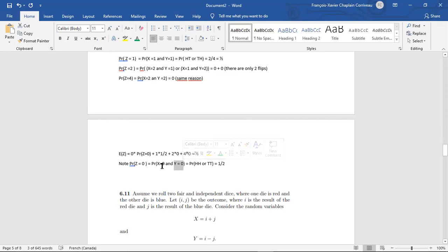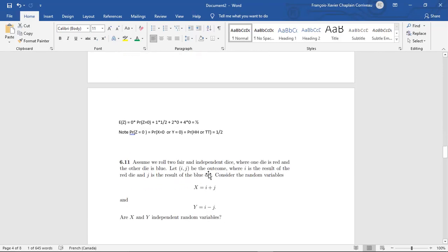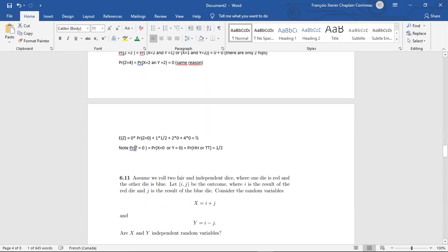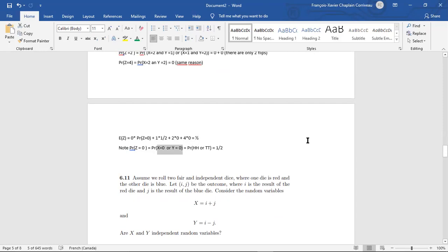I cannot have 0 heads and 0 tails. So the wording is important. Right? If I tell you the product of two things is equal to 0, it means that one of them has to be 0. And that's exactly what I'm saying here. So the wording is important.